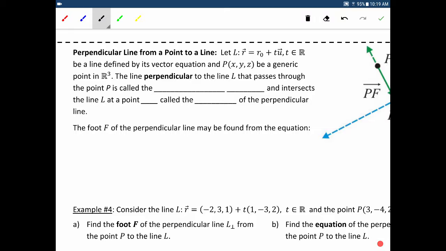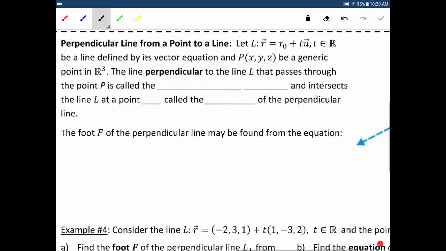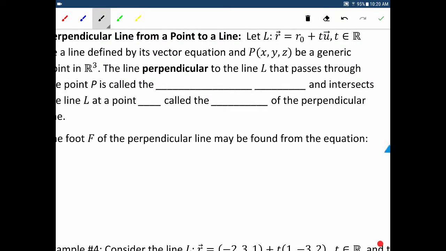We let this line be defined by its vector equation, and we've got a generic point in R3. The line perpendicular to the line L that passes through the point is what we will call a perpendicular line, which is not that surprising.